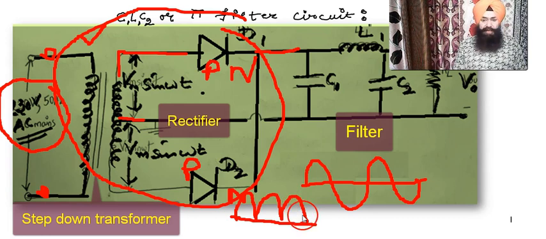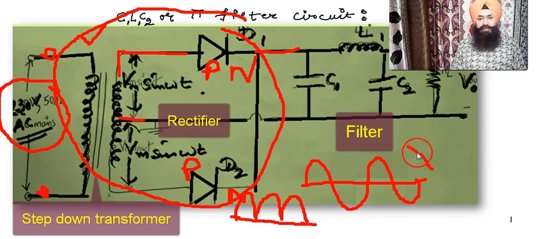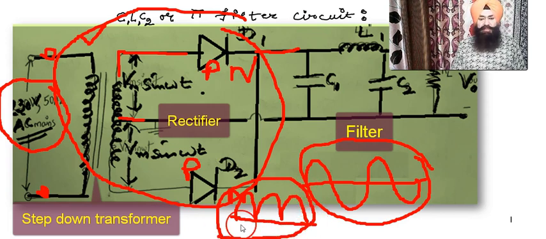This is not exactly DC. There are still fluctuations, but present only in one direction. So AC was bidirectional. Now the output of the rectifier is unidirectional, but still pulsating.